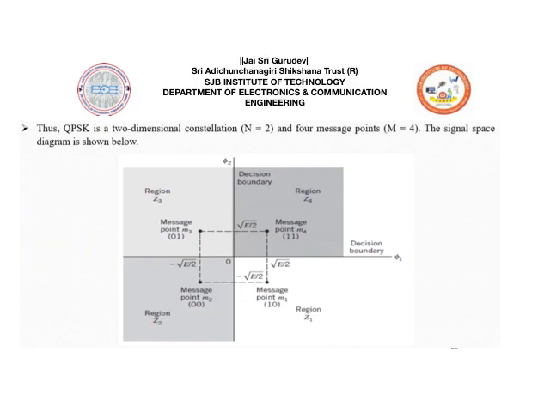And these coordinate values, whatever we have considered, plus and minus square root of E by 2, these 4 points are represented in the form of a square.